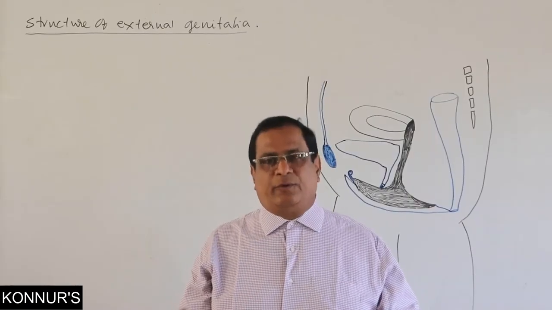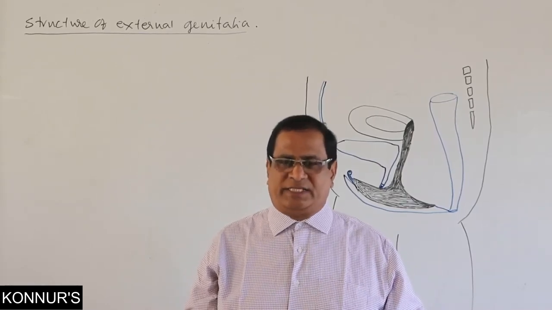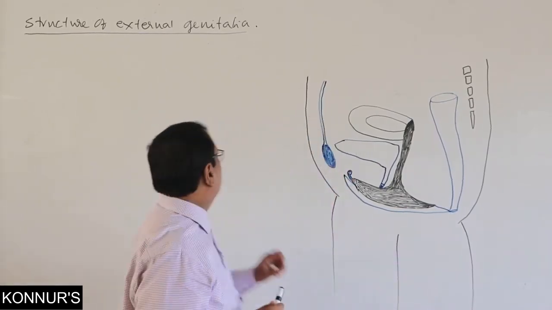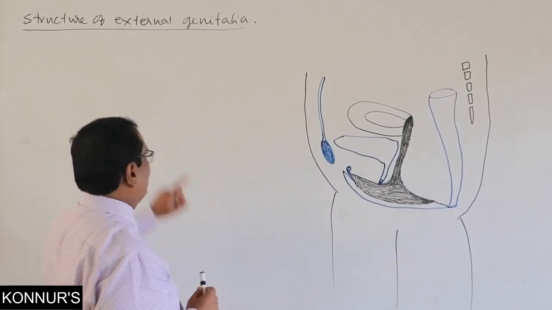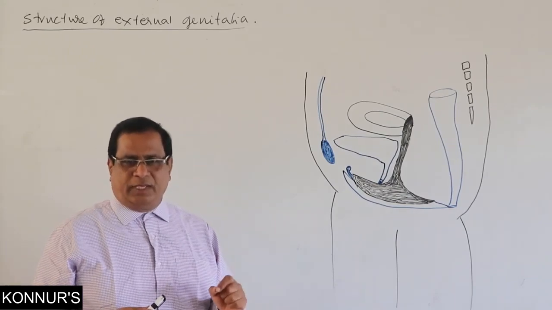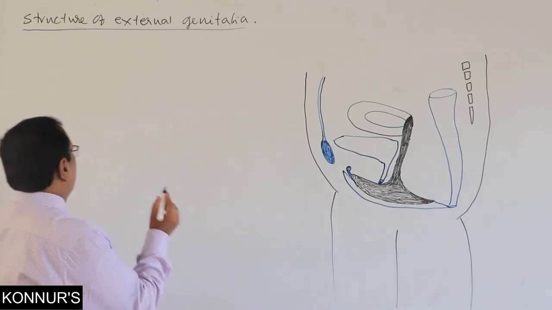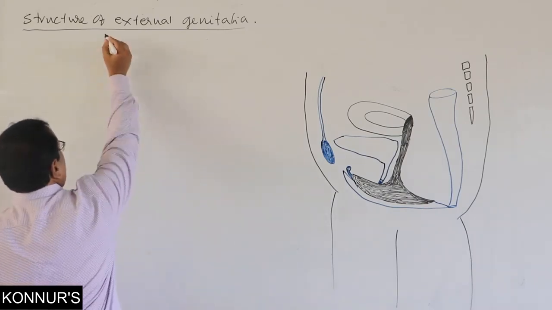Let us discuss the last part of the female reproductive system, that is the structure of the female external genitalia.